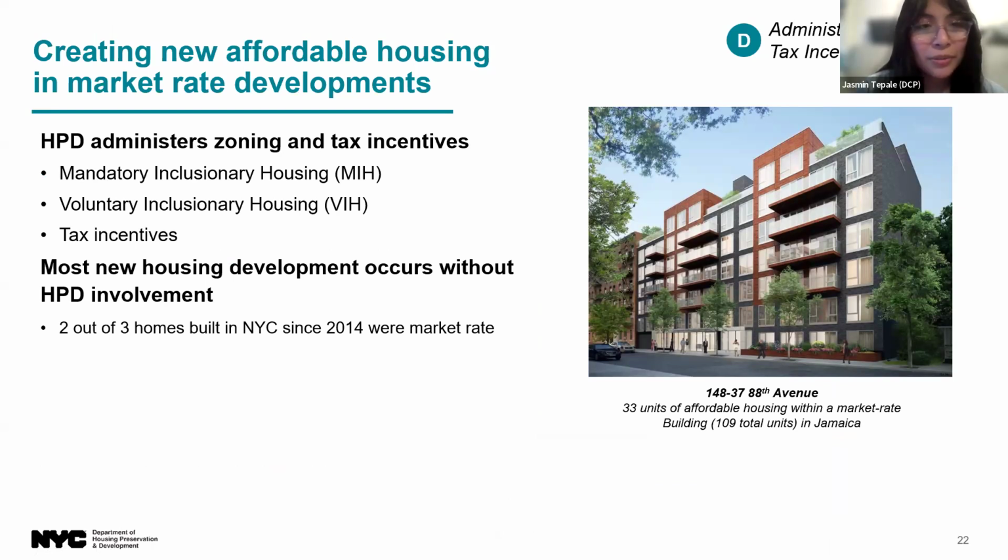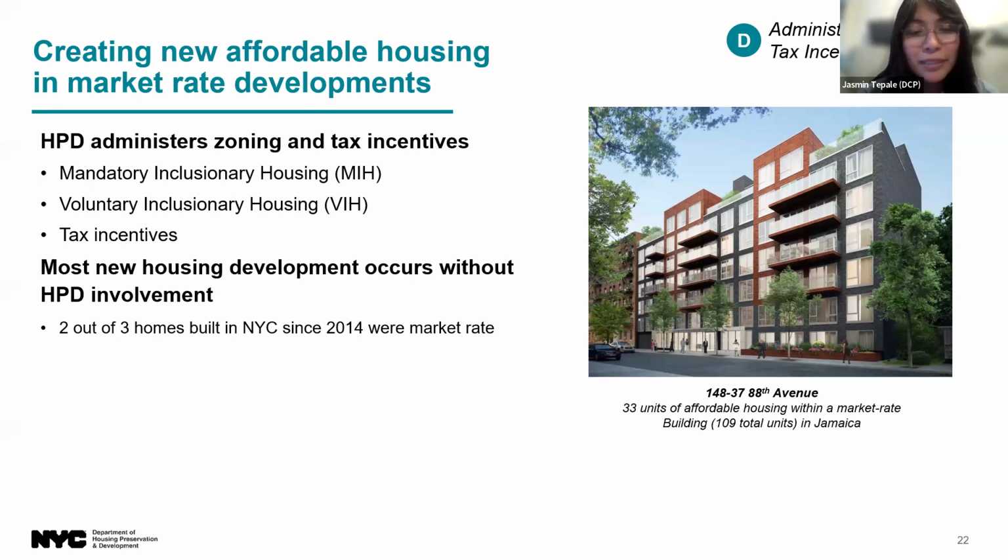And so, talking about MIH itself, the Mandatory Inclusionary Housing Program is one of the many tools we have to facilitate new affordable housing. MIH units are funded by a developer looking to construct market rate units in rezoned areas. So in exchange for this higher density, the city mandates that 20 to 30% of the units be permanently affordable for low and moderate income New Yorkers.